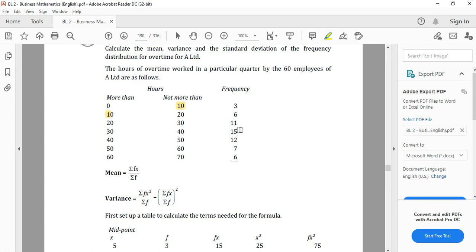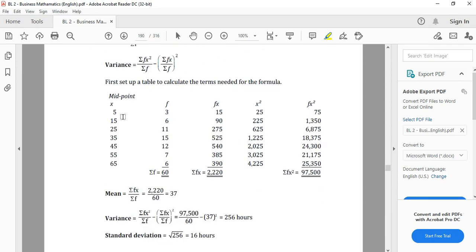So I believe these midpoint values are incorrect. However, the method they have followed is fine.